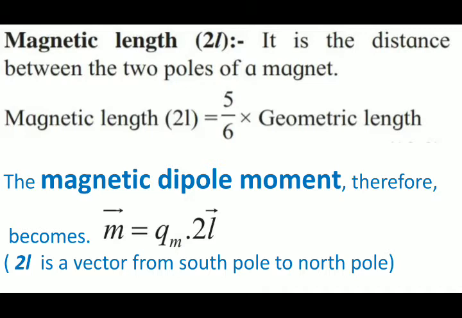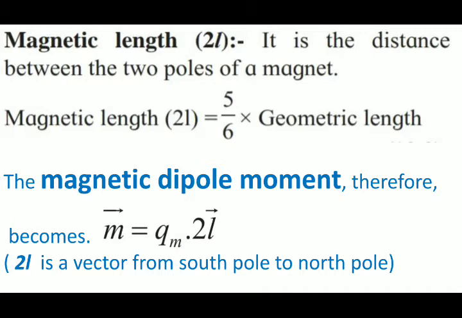So how are you going to define the magnetic dipole moment? By the formula you can say that magnetic dipole moment is defined as the product of magnetic pole strength and magnetic length. As you can see, dot means what? Multiplication. So product is nothing but the multiplication.